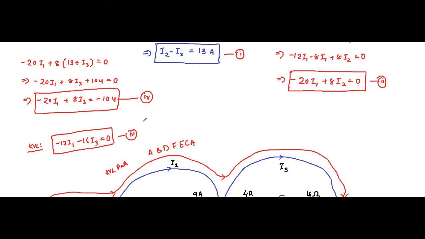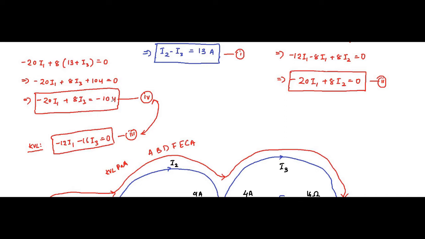Now see, if you compare equation 4 and equation 3, both are in terms of I1 and I3. Here we have 8 I3, here we have minus 16 I3.